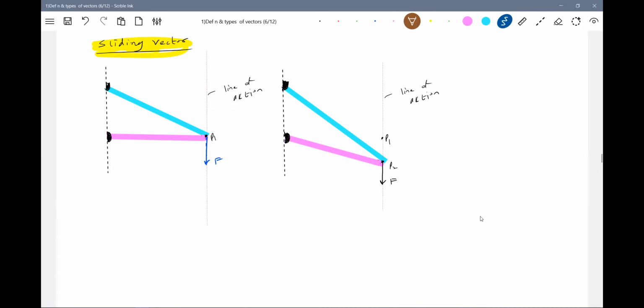So how can we analyze it? It's a vector which has a unique line of action in space, but not a unique point of application.